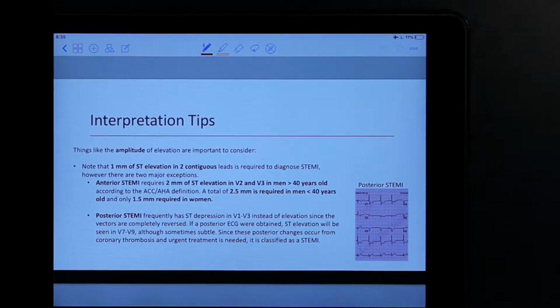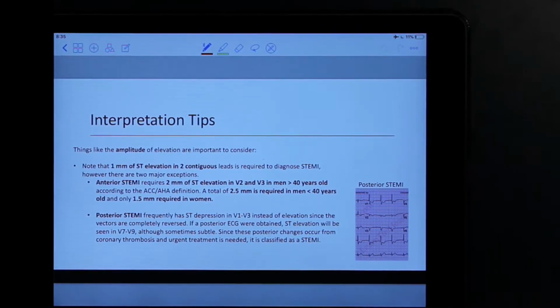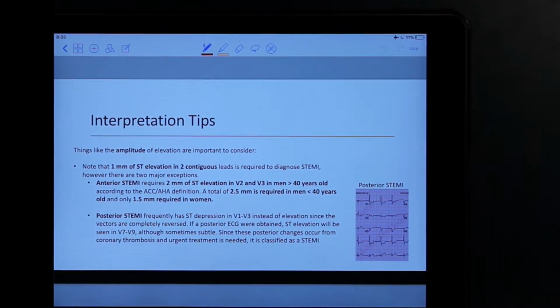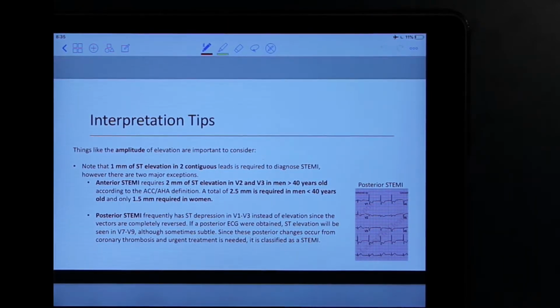Some more interpretation tips. Things like amplitude of the ST elevation are very important to consider. To diagnose STEMI, we do need 1 millimeter of ST elevation in 2 contiguous leads. So 2 leads, one after the other. However, there are a couple exceptions to this.